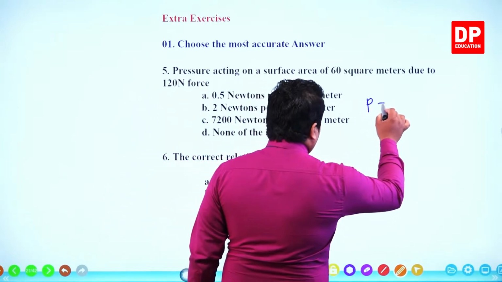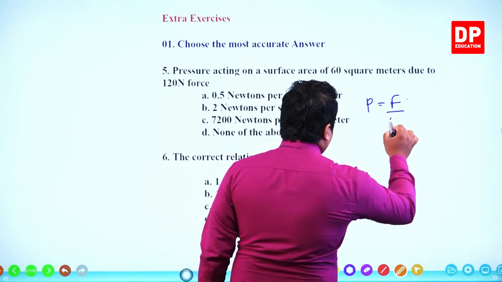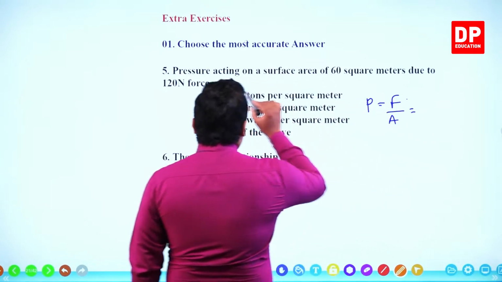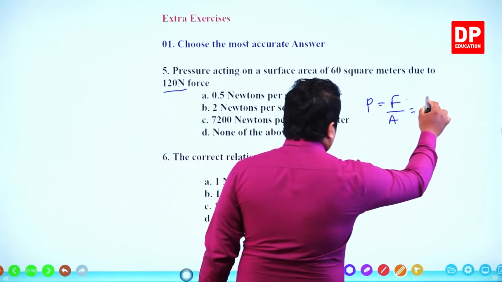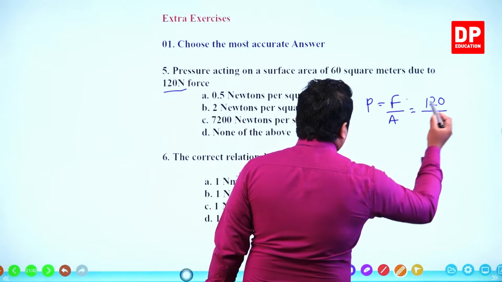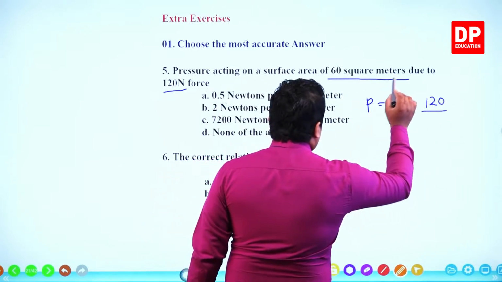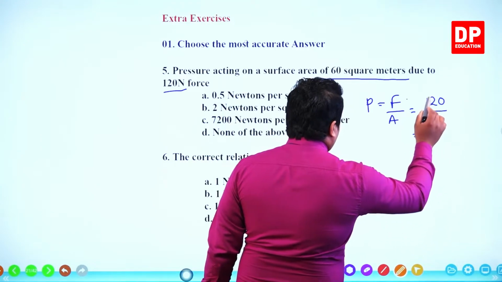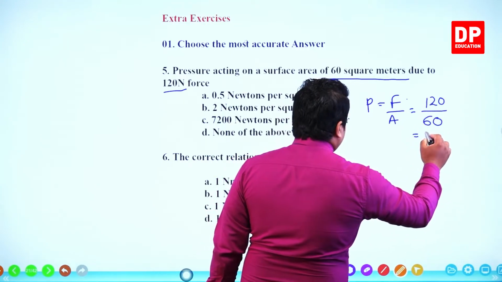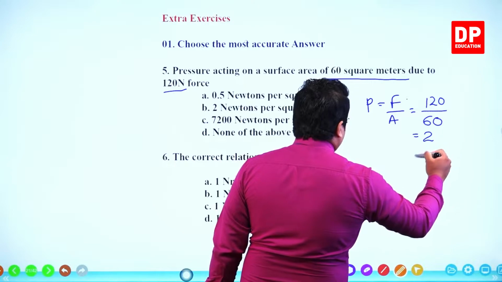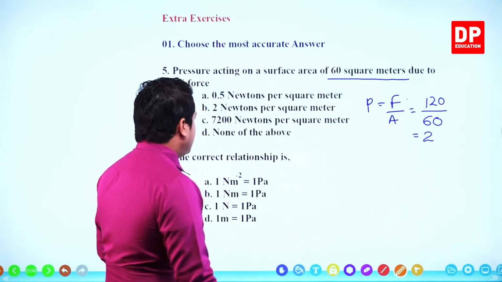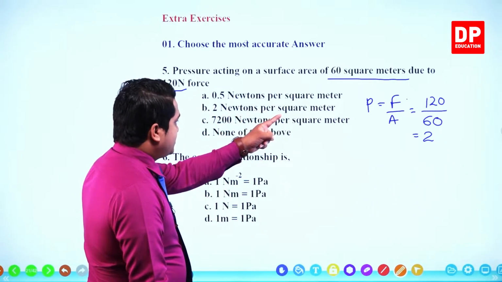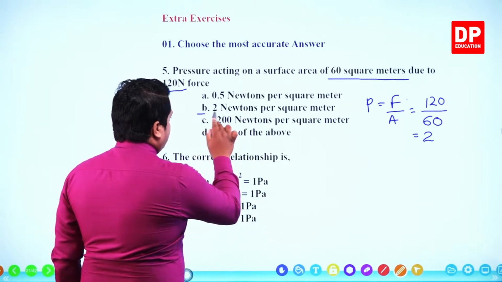P equals F over A. 120 Newton is the force. 60 square meters is the area. So 120 Newton divided by 60. 2 is the answer. So 2 newtons per square meter is our answer.